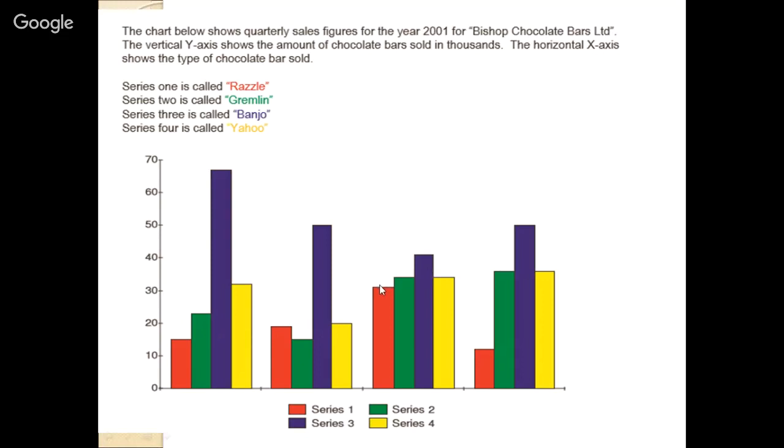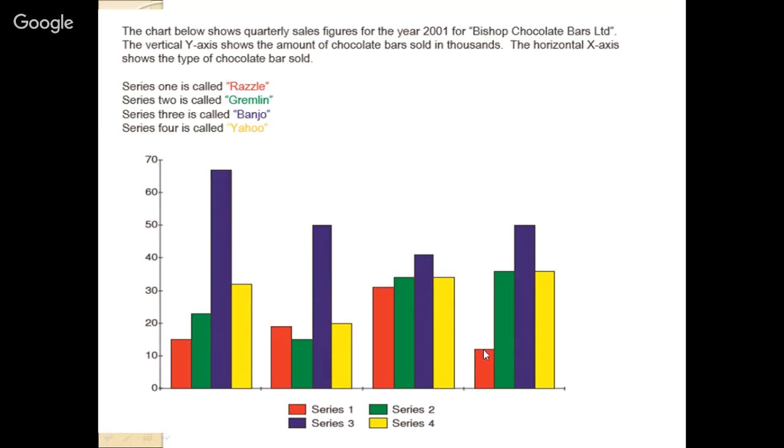And then the third quarter looks like what? Is this more than 30? Going across, like 31? Does that look a little more than 30? Okay, 31. All right.